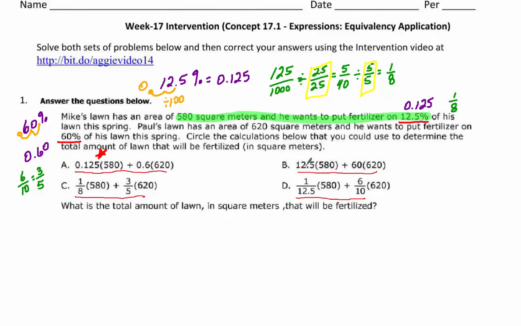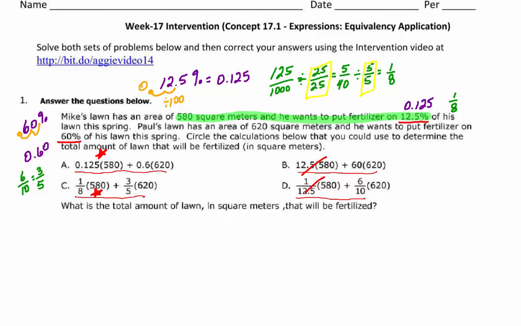Note, we don't show things with that point because that's like this percent with just the percent sign dropped off. That's not right. Here's a 1/8 with the 580. That's also correct. That's our fraction version of 12.5%. And then 1 over 12.5 does not work.